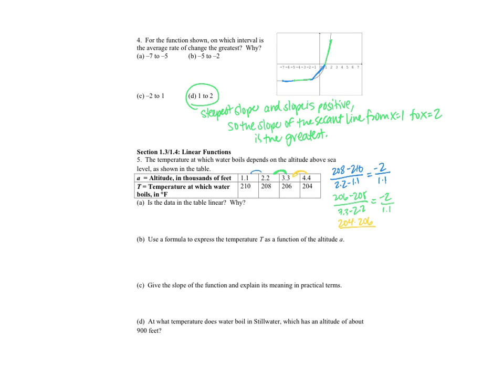Looks like it's a change of 2, and then a change in the altitude of 1.1. So 4.4 minus 3.3 gives us again negative 2 over 1.1. And so since we have the same rate of change, the data is linear, yes. And we can say the average rate of change is the same for each interval.